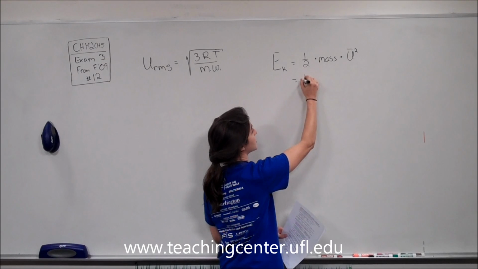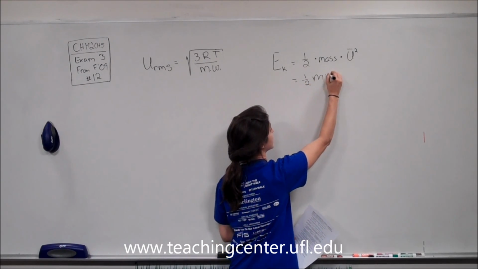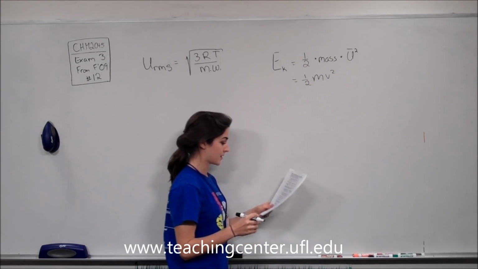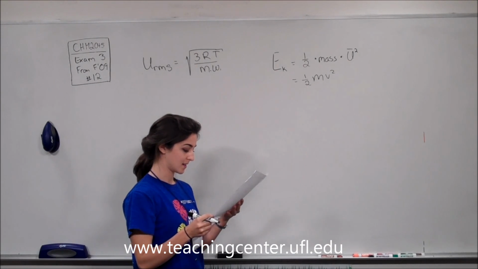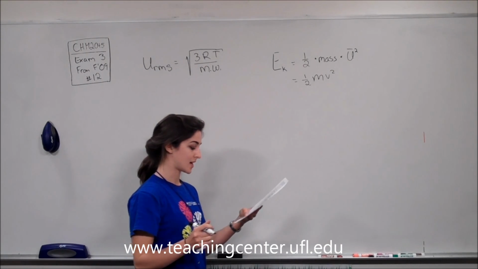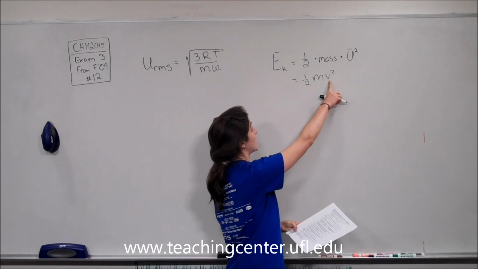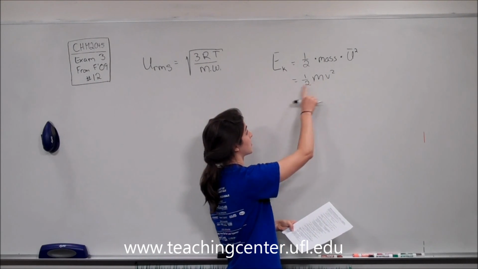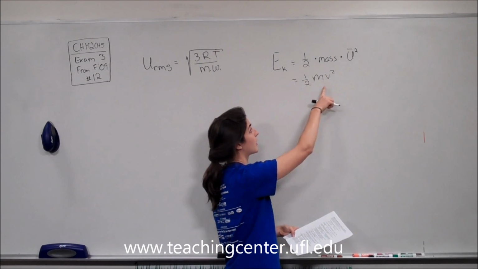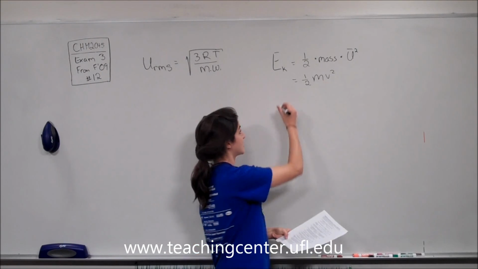So in shorthand, this would be 1/2 mv squared. The first part claimed that the root mean square velocity is inversely proportional, but we see here that it's actually proportional as a square. So part 1 is not true.